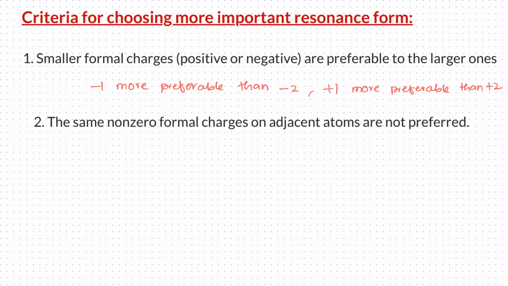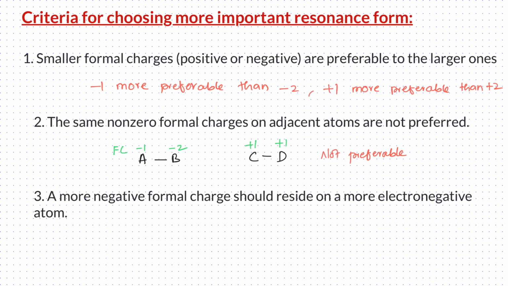The same non-zero formal charges on adjacent atoms are not preferred. That is, if we have negative charges on two adjacent atoms or positive charges on two adjacent atoms, the structure is not preferred. 3. A more negative formal charge should reside on a more electronegative atom.